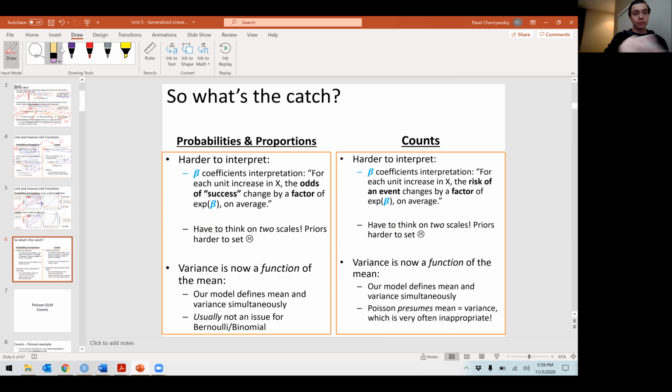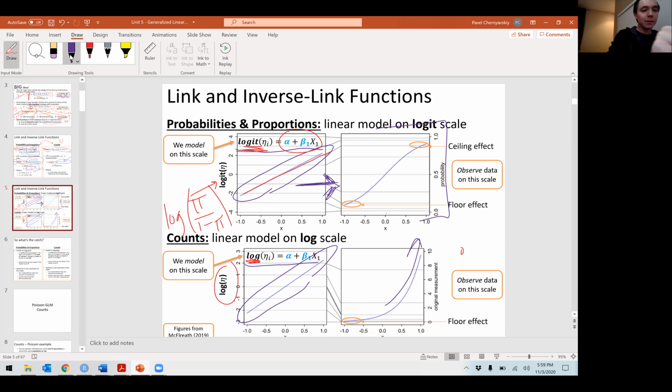The other issue is the interpretation. When we had our linear model world, then beta was the expected change in y per unit change in x, holding all else constant. Now, because we transform, that interpretation only applies on this transformed scale.